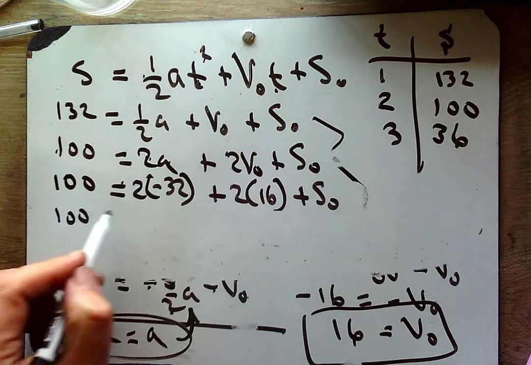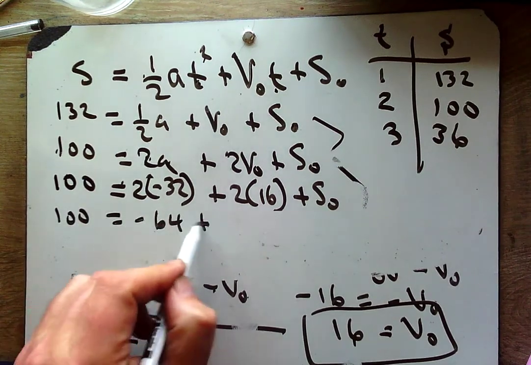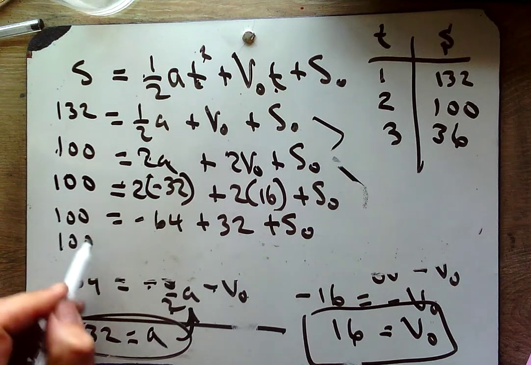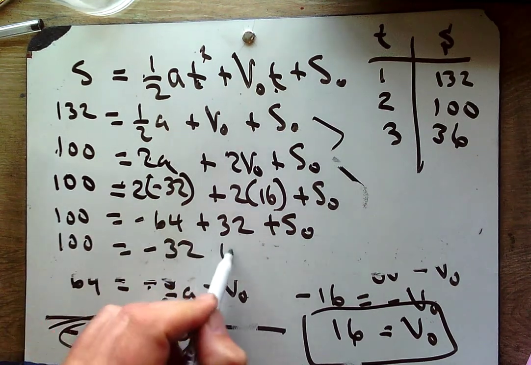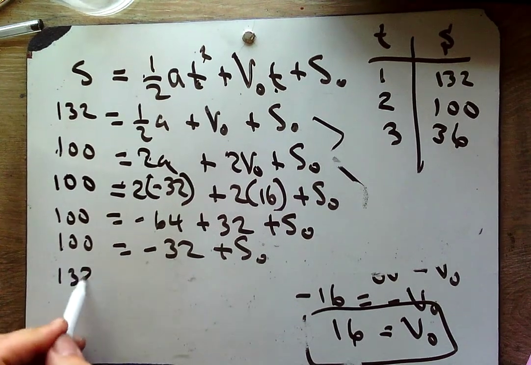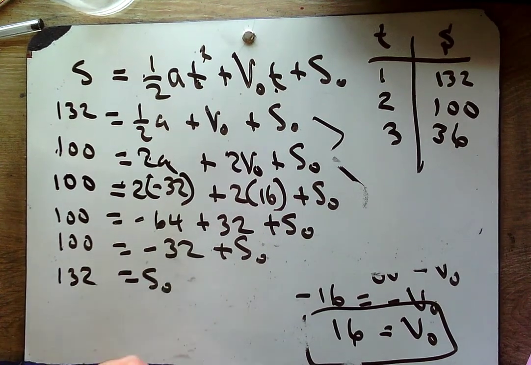And so I'm going to have 100 equals negative 64 plus 32 plus s sub o, or 100 equals negative 32 plus s sub o. And if I add 32 to both sides, 132 equals s sub o. Great, so that is my initial height.